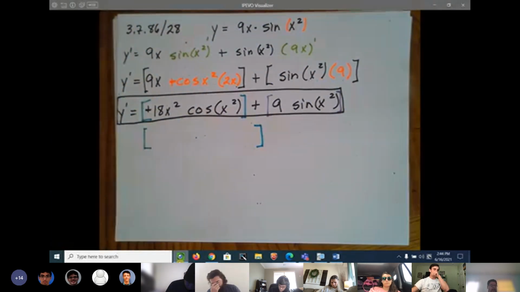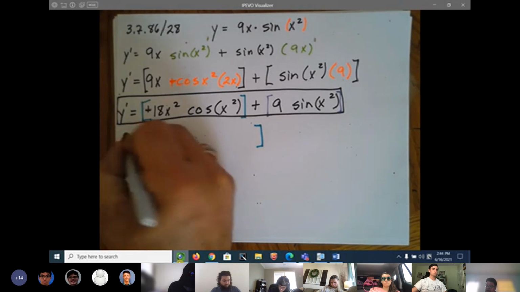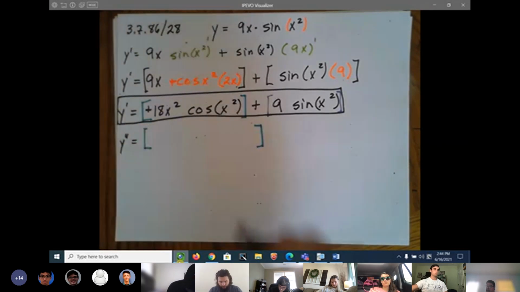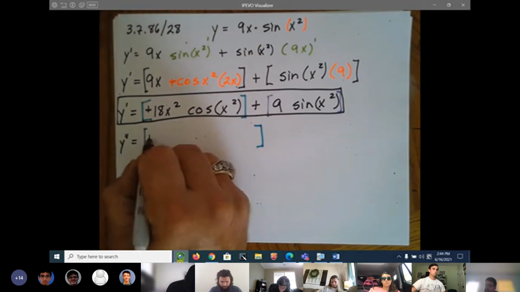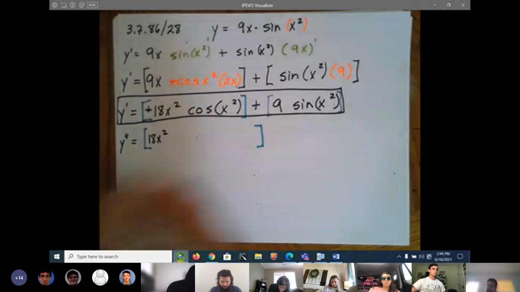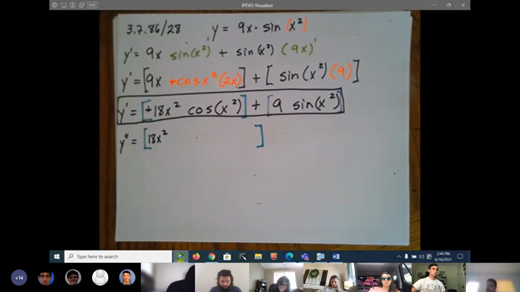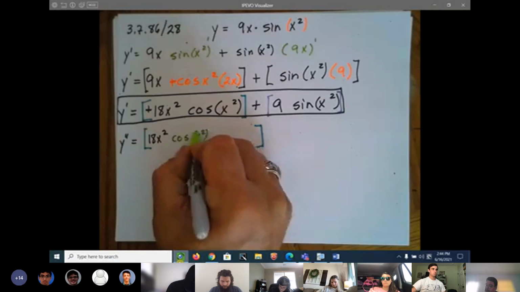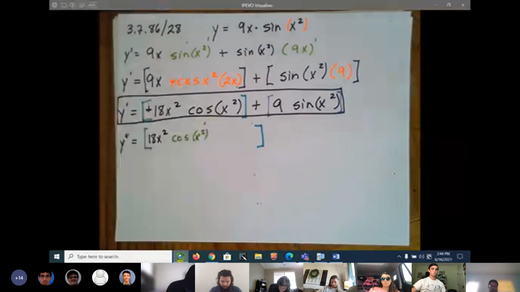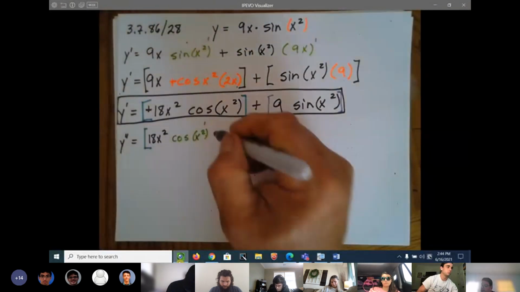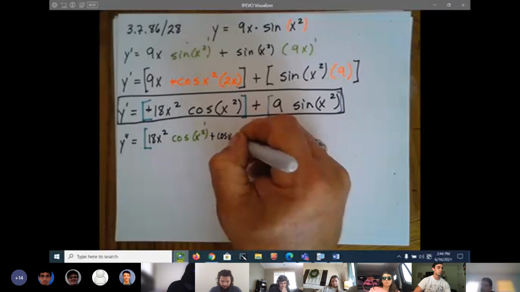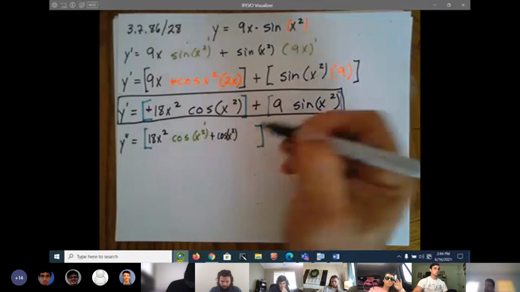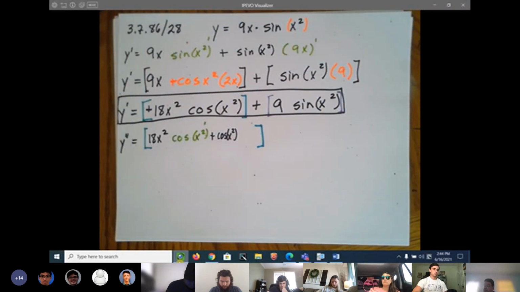if I take the derivative of y prime, I get y double prime. And that's going to be first times the derivative of the second plus the second times the derivative of the first.